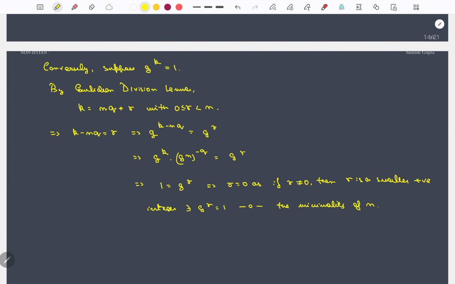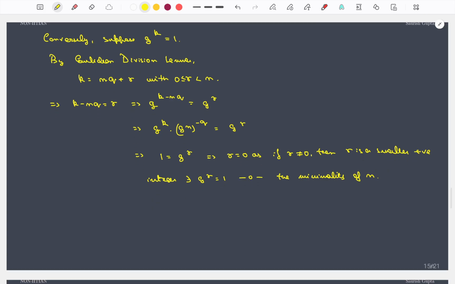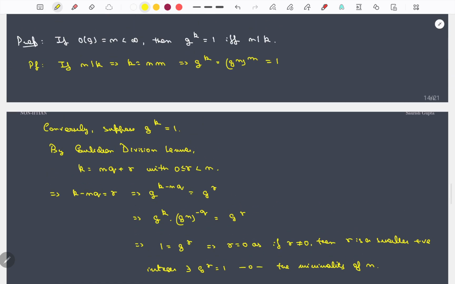Because n by definition was the smallest positive integer for which g to the power n is equal to 1. So r becomes a smaller positive integer which can't exist. So the only possibility for r is to be 0, but once r is 0, we know that n divides k. And so we are done with the proof. Is it clear? Okay, fine.